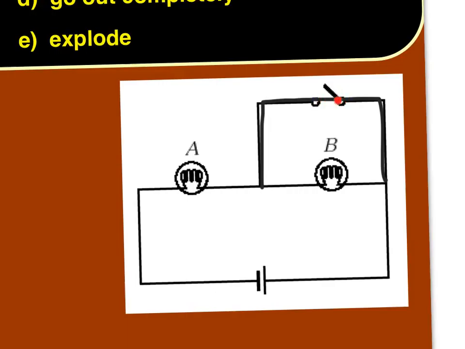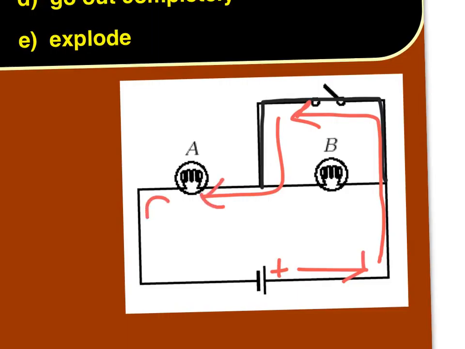So assuming the switch is closed so that current may now flow, and I should draw this correctly, because the current actually, here's our positive. So we say that current goes this way, and the current would go like this, and like this. So the equivalent resistance of the circuit has now decreased, because we used to have this in there, but now we don't.